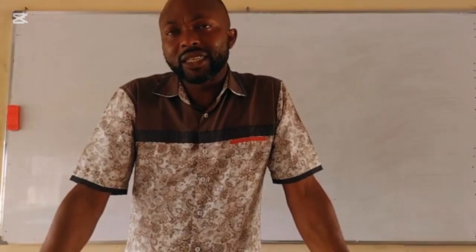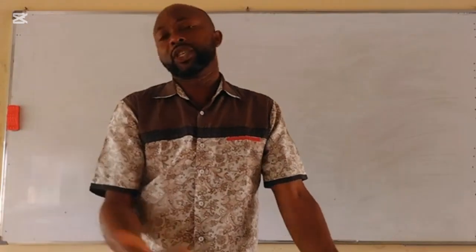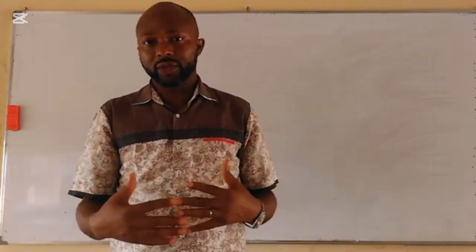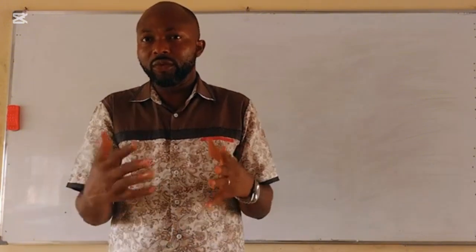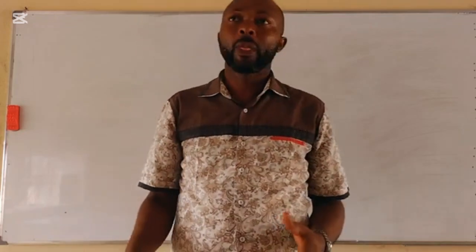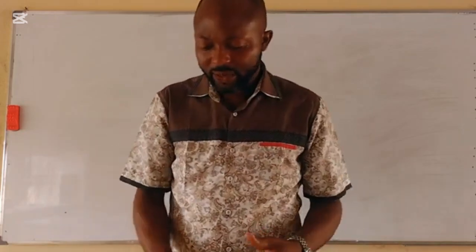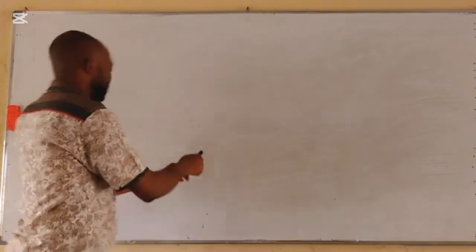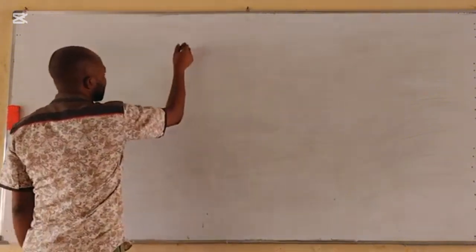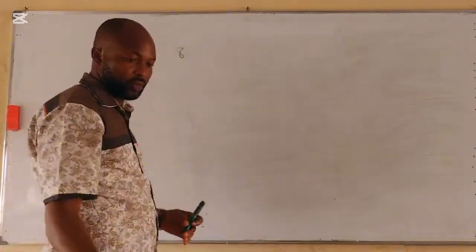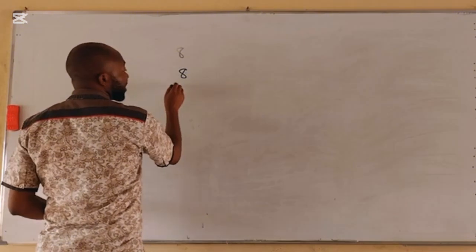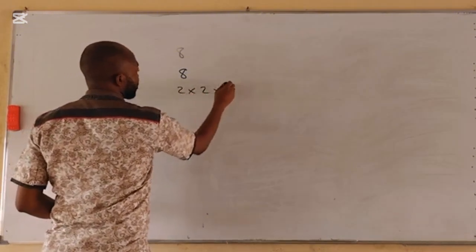So indices, or indicial equation, is the method of shortening the product of numbers to a reasonable pattern. For example, if I'm having 8, this 8 is the same thing as 2 times 2 times 2.